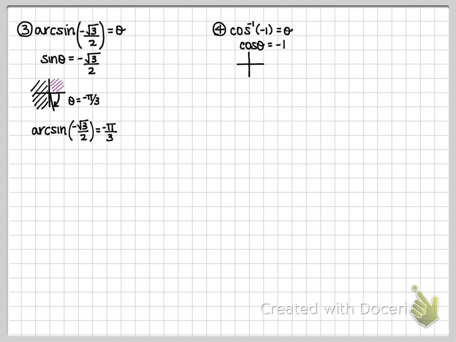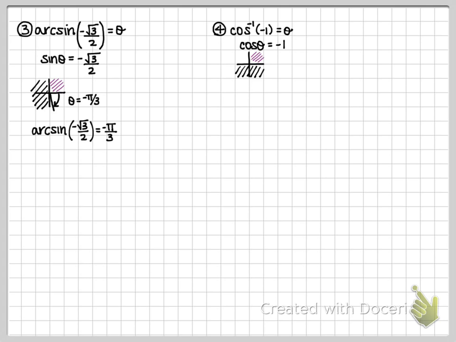My restrictions. From the notes, I know that arc cosine only exists between 0 and pi. So that means that I can't be up there. Now I take a look at this. Cosine is -1. Well, cosine is x, so that's to the left. So it's definitely not over here either.